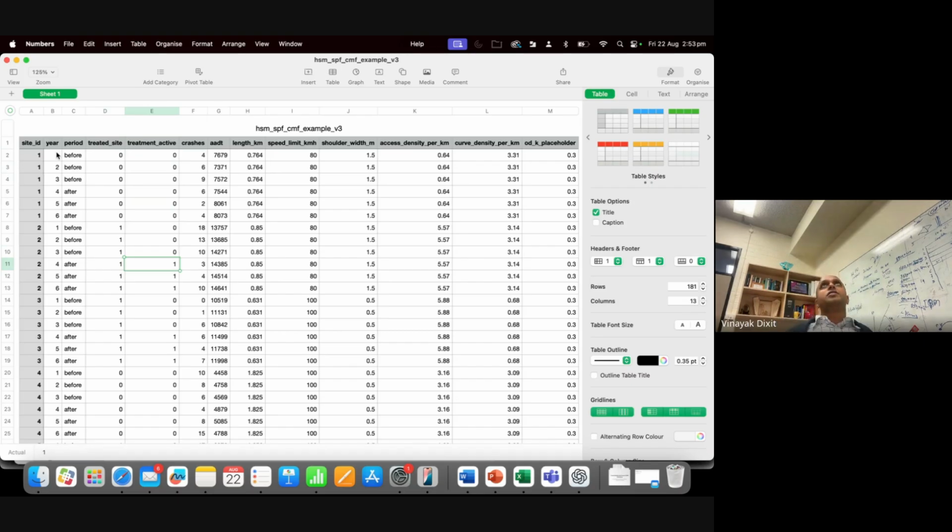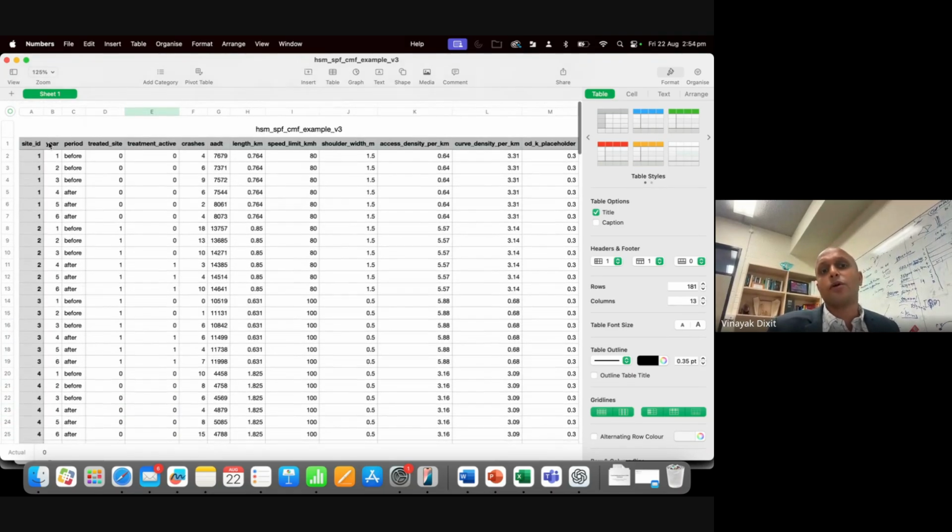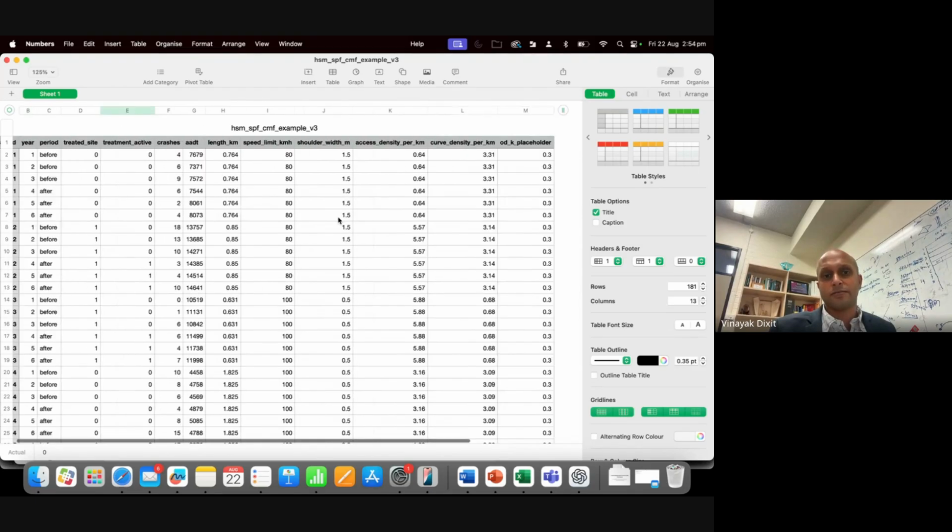For instance, one treatment which might be active or not active is a dynamic message sign or a variable speed limit. The variable speed limit becomes active at certain times but is not active at other times. So we are going to compare what the impact of this is.